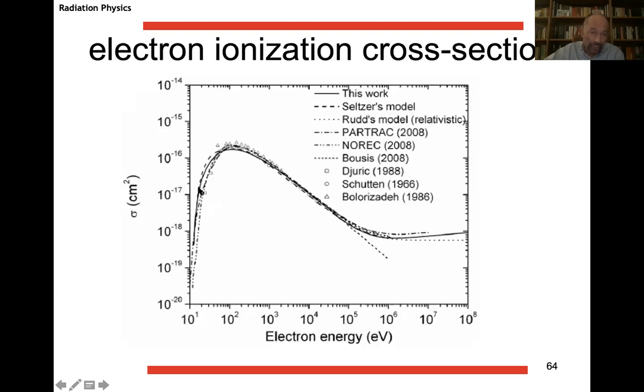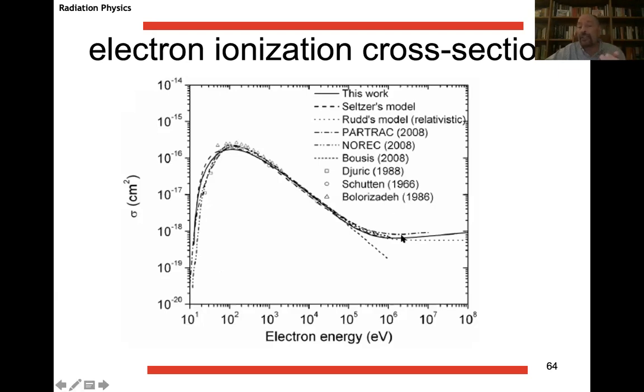This is a log-log scale, so this looks like small differences, but they are not so small, actually. This is the very low energy region here, essentially just above the threshold. All models agree, of course, that the maximum is around 100 eV. What happens then in the very high energy region, when you go to electrons over 1 MeV in energy?